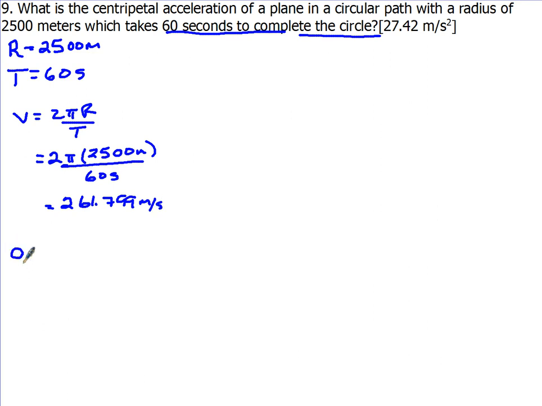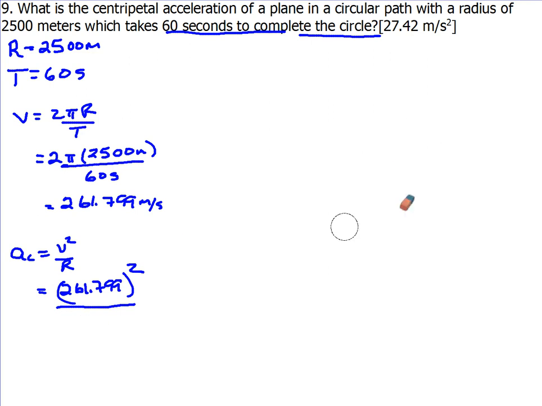So my centripetal acceleration is v squared divided by r. So this is 261.799 squared, don't forget that square, divided by r. When I square that, I get a really big number, and I forgot to put my r here, didn't I? Let me fix that.